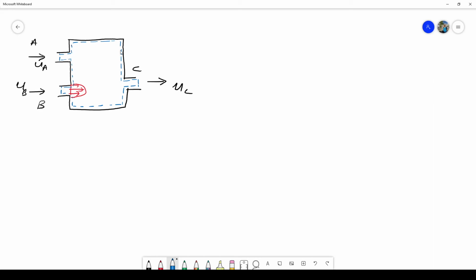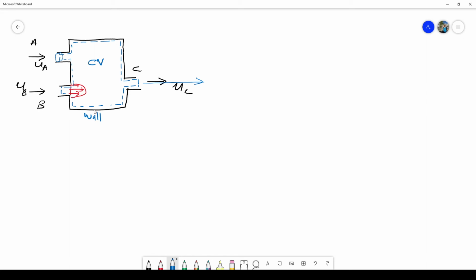The surrounding is the wall of the container. At this area the flow continuously leaves the container, and at these boundaries the flow continuously enters the container, similarly at B. So this control volume has to be defined properly.